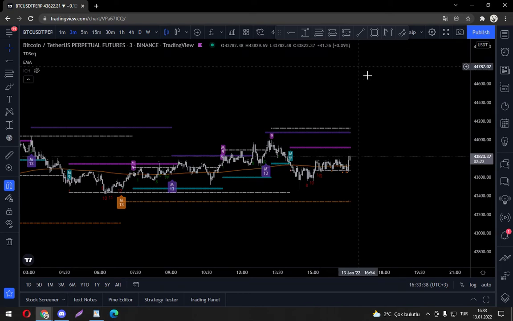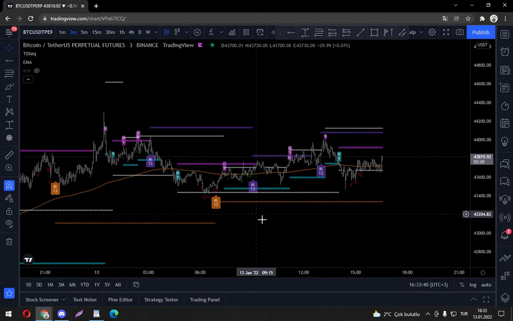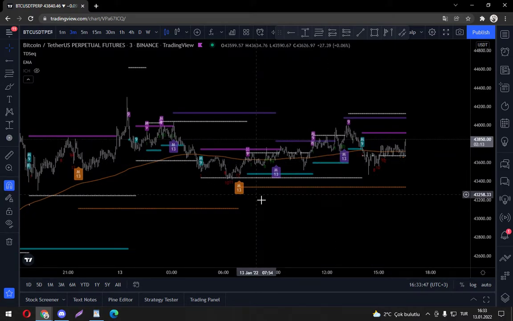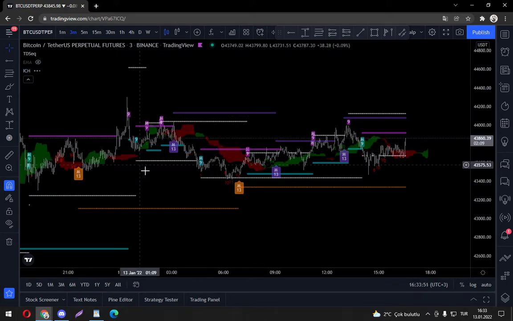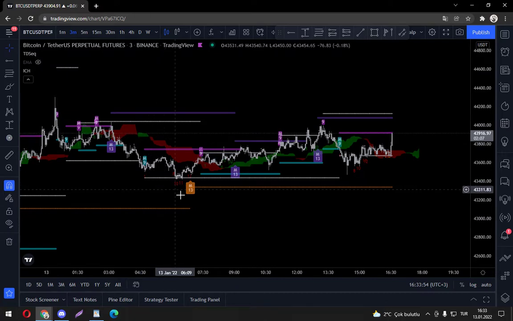It might go even upwards. So sticking to one side might be really profitable and might be really helpful for you to avoid mistakes, and identifying the trend using several tools like this and trading accordingly might be really helpful.